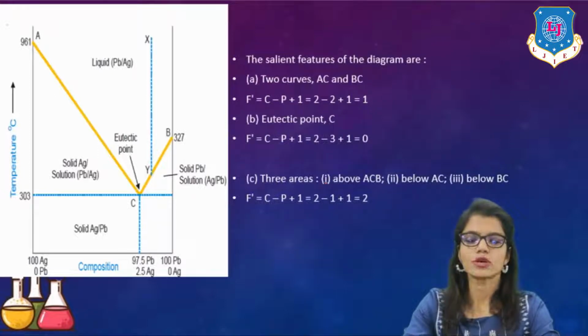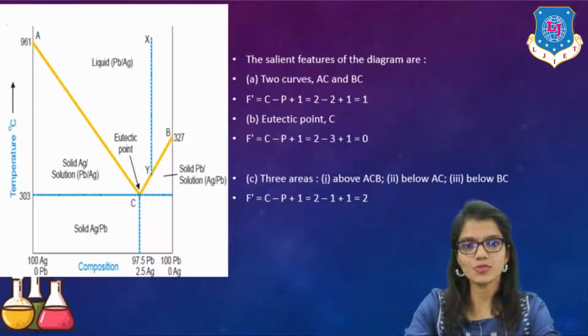So if you observe the composition at the starting of the curve, we have 100% Ag and 0% Pb, while when we reach the temperature 303 degrees Celsius, 97.5% Pb is present, while 2.5% Ag is present. As you move forward, it becomes 100% Pb and 0% Ag, right?